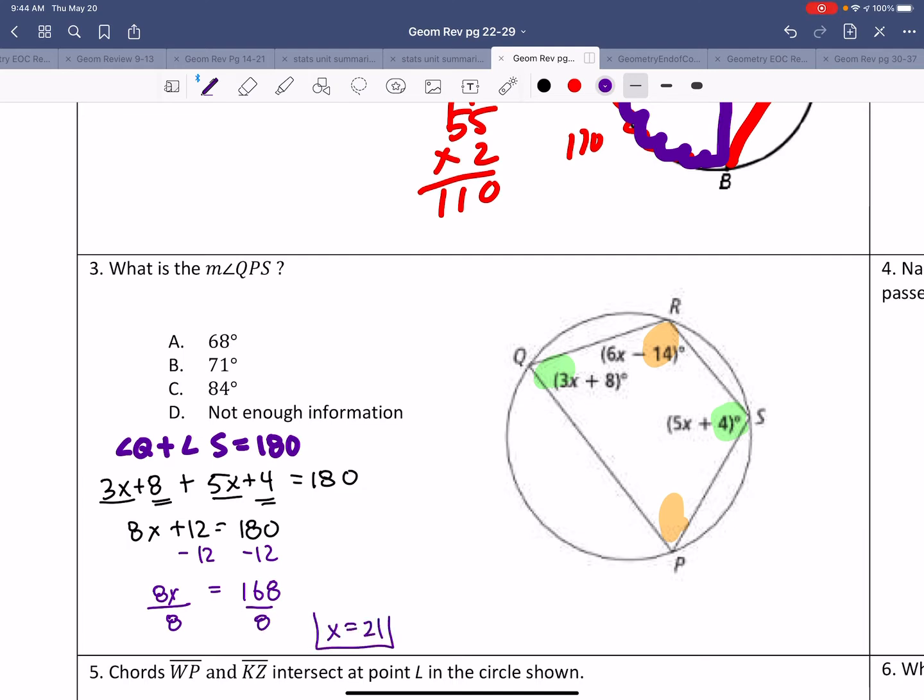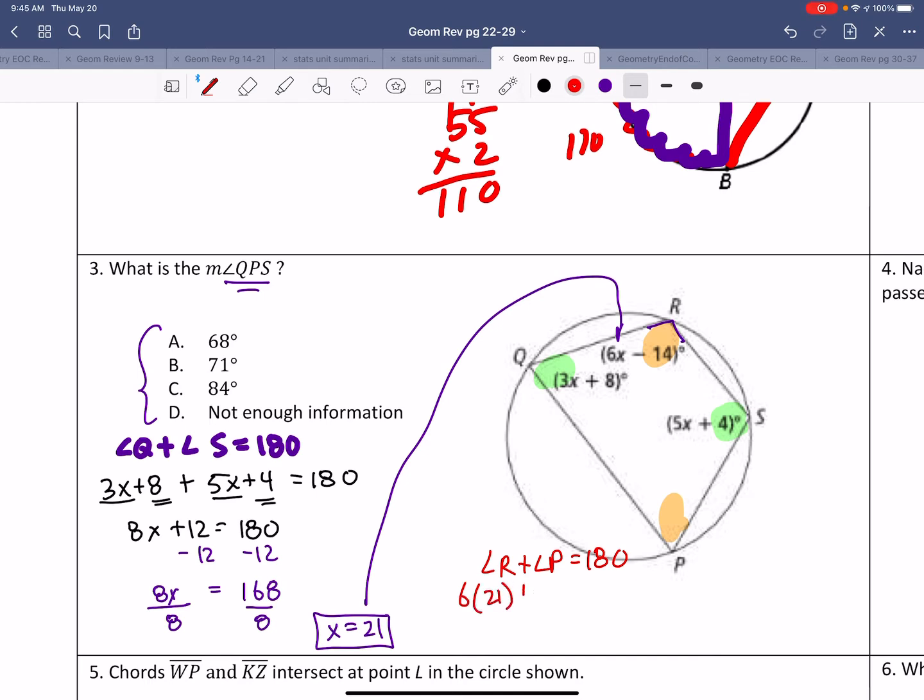And we get 21. So that's not our choice, but that's not what we're solving for, right? So we can plug this back in here. We can figure out, well, what is angle R now that we know what 21 is? Because we know angle R and angle P also add up to 180. So angle R is 6 times x, which is 21, minus 14, plus angle P equals 180.